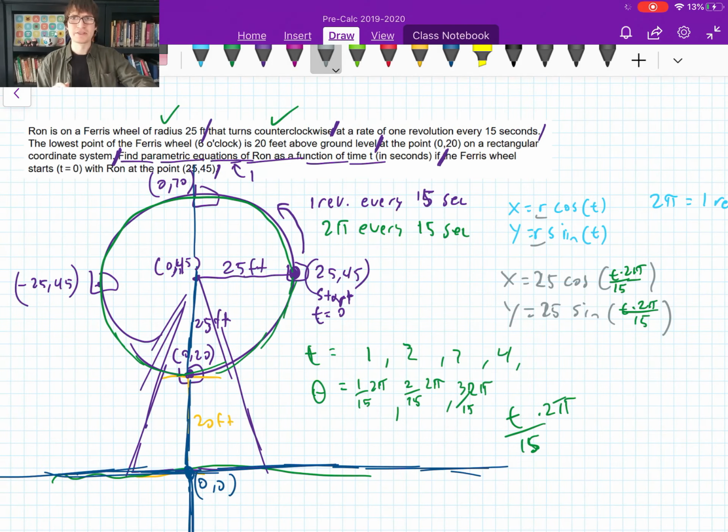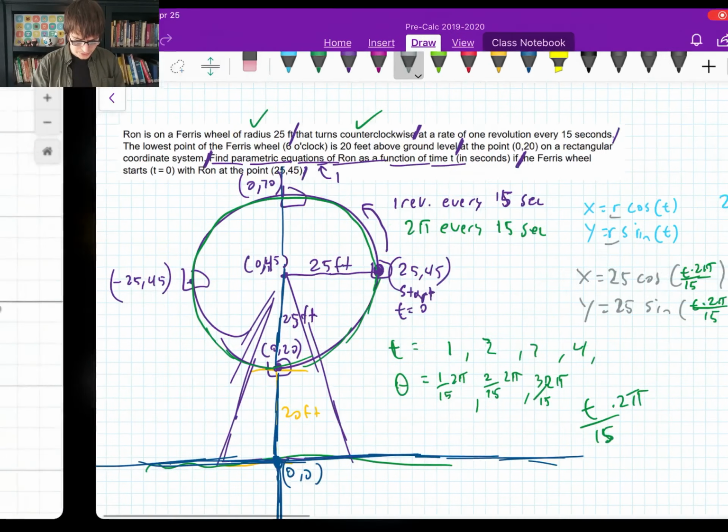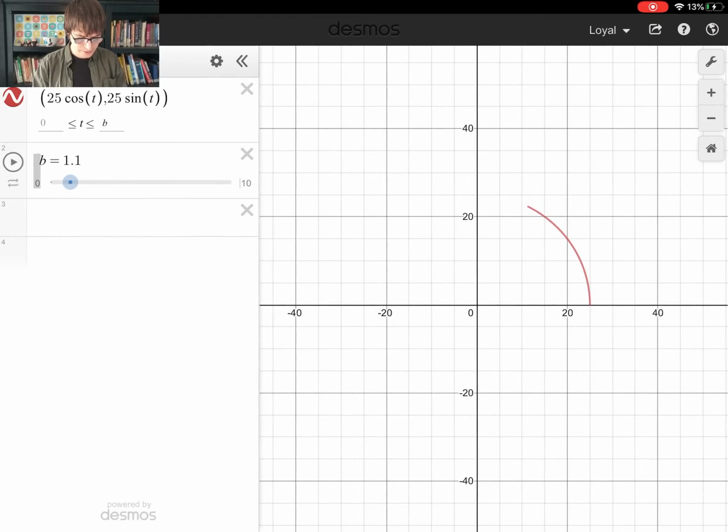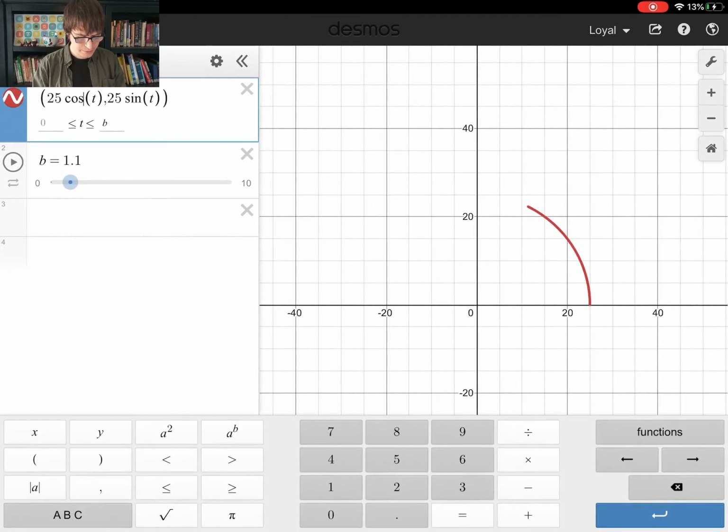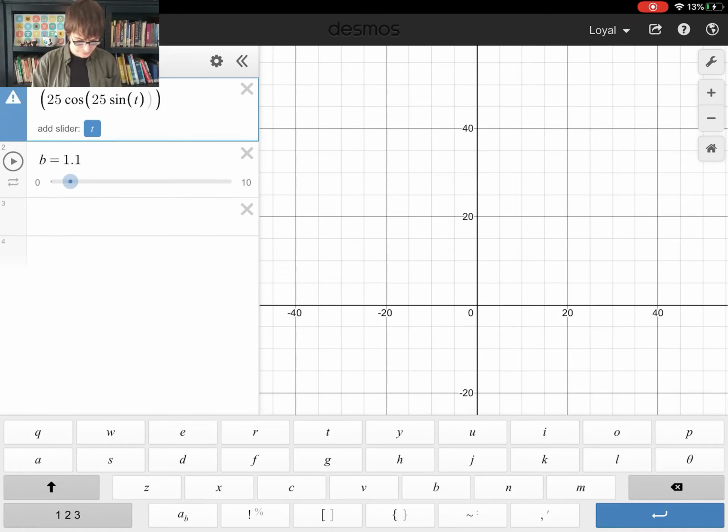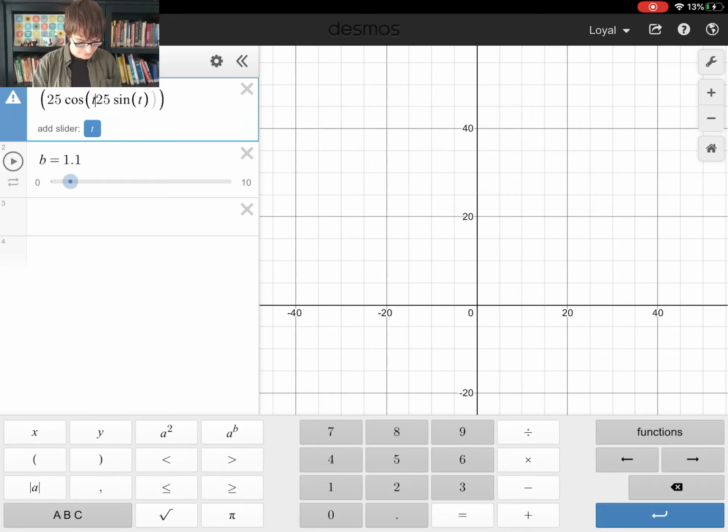Let's go ahead and put that in Desmos and see if that does that. Let's make sure I got my cursor in the right position. There we go. That'll be fine. That's t times 2 pi, t times, let's see.